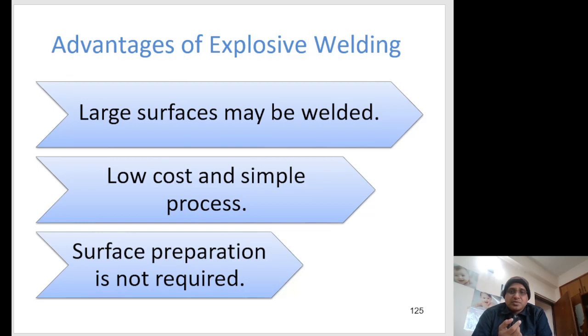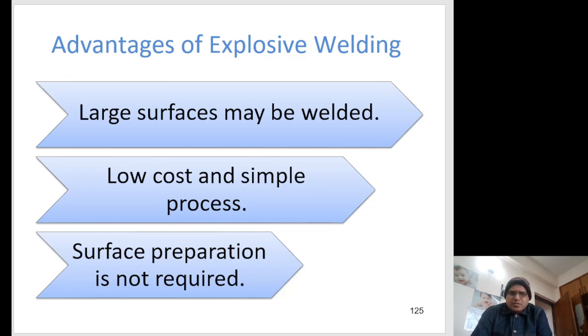There is no limitation of the surface area, so it is a very useful technique to join very large surface areas in manufacturing industries such as aerospace and shipbuilding. Also, this technique is a low cost and simple process.